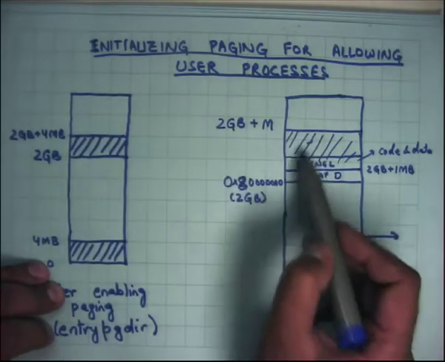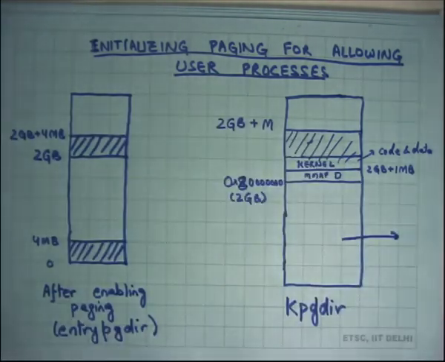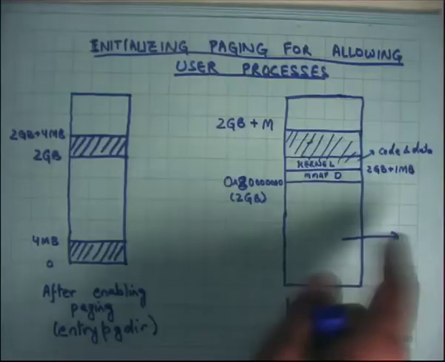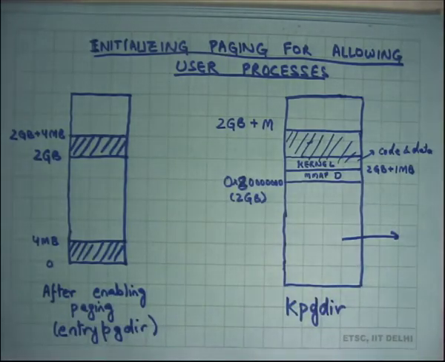Recall that the entire memory has been mapped here. So the entire memory has been mapped in my virtual address space. I allocate some area from that virtual address space, I get a page, I convert the address that I got to its physical address, and then I create a mapping in the user side of things to point to that. So these pages which are mapped in the user side actually have two mappings in the page table, one on the kernel side and one on the user side.